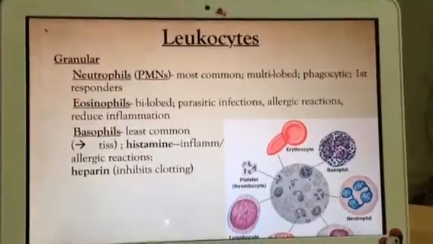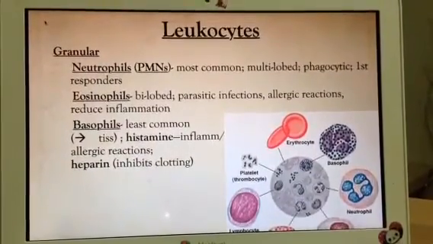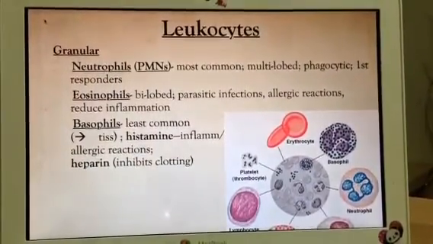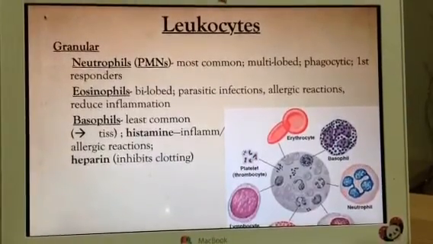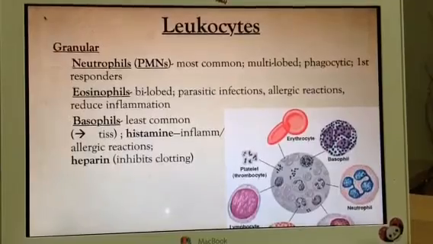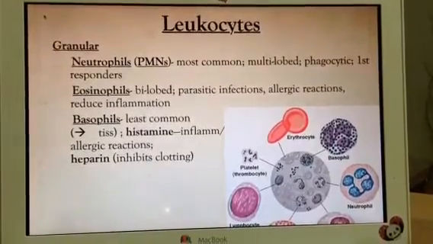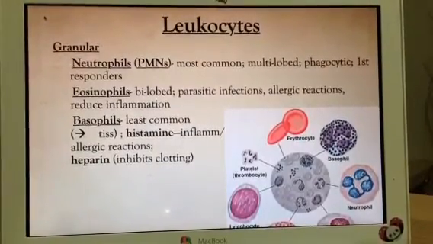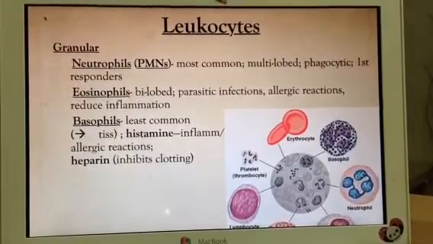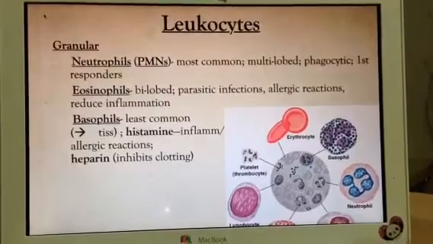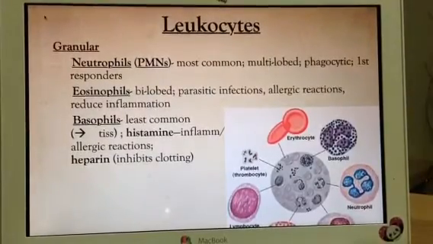They are phagocytic, and phage means eat, cytic means cells, so they're cell eaters. These are the ones that I always think of as like Pac-Man cells. And they are very, very important and very numerous because they are the first responders. So just like EMS, they're the first ones on the scene whenever there's an invasion of bacteria or viruses or anything like that.